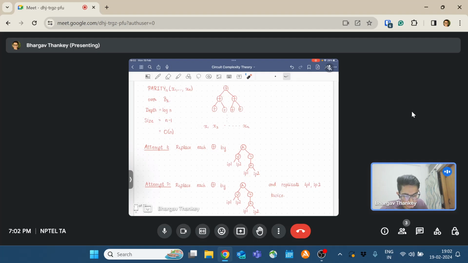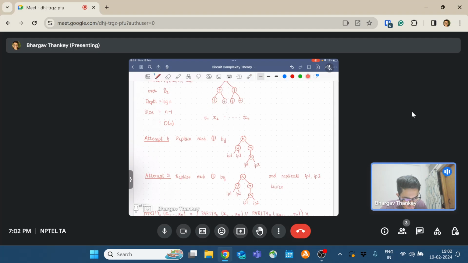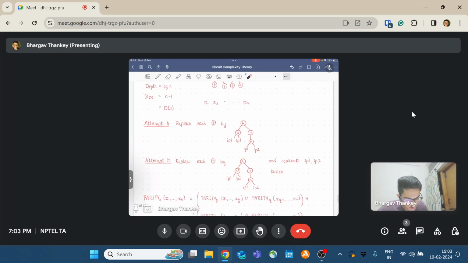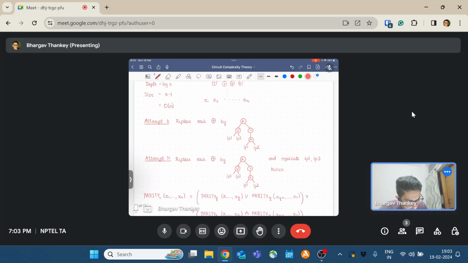So when you replace, what you would have done is you would have two formulas for these, and those formulas would feed in over here. Basically, when you do this replacement, this gate would have been replaced by something, so you would have two formulas, one for IP1 and one for IP2.